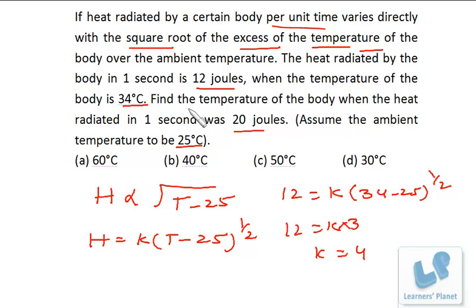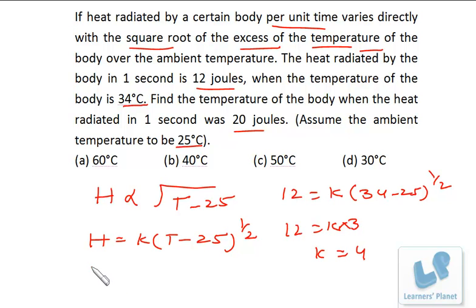Now we have to find out the temperature of the body when the heat radiated in 1 second was 20 joules. We have been given the value of H, we have the value of K, and we have to find the value of T. Now let's put the values of H and K in this equation.